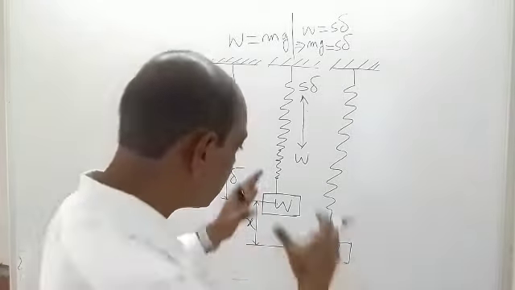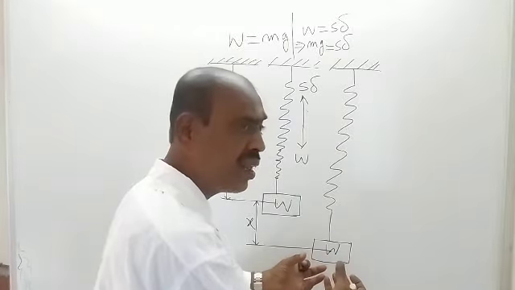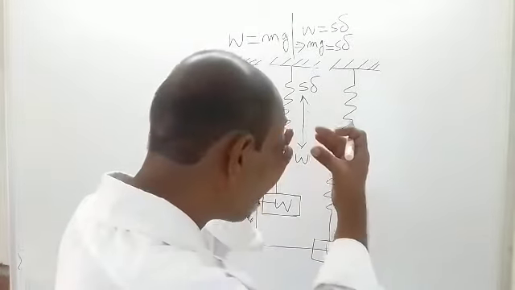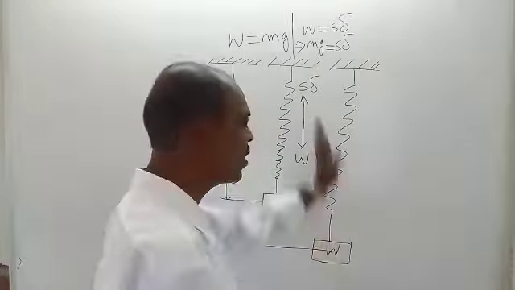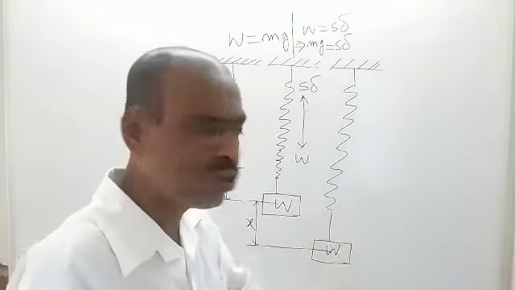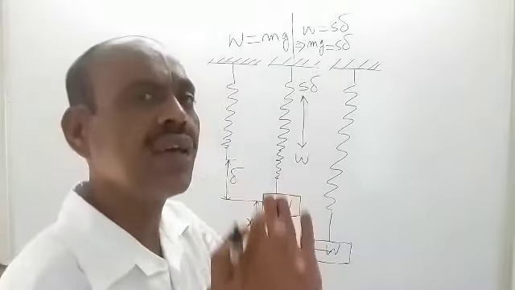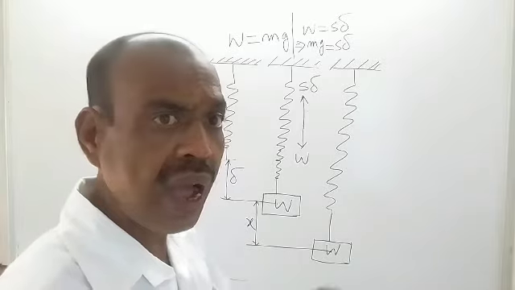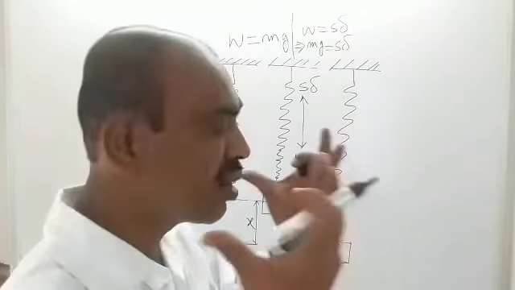As soon as you are releasing the weight, it will start moving in the upward direction. This is known to you because this is a spring. I am going to write the equation just at that moment whenever you are leaving the weight.